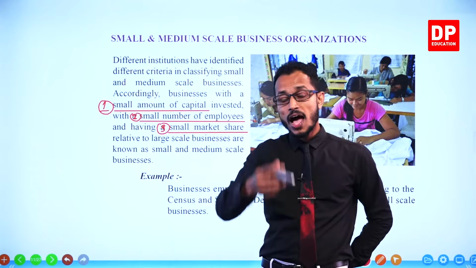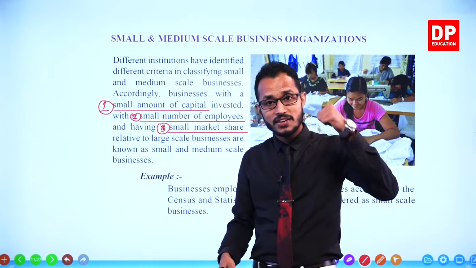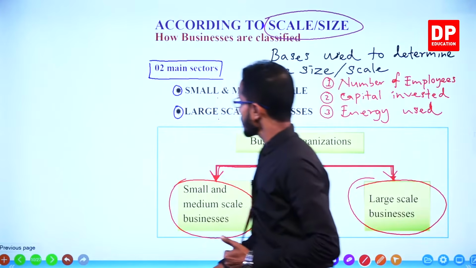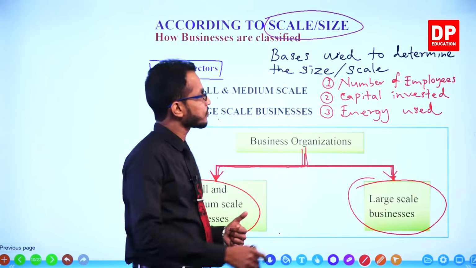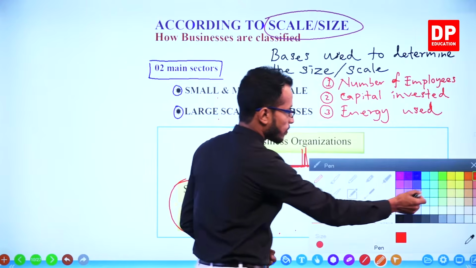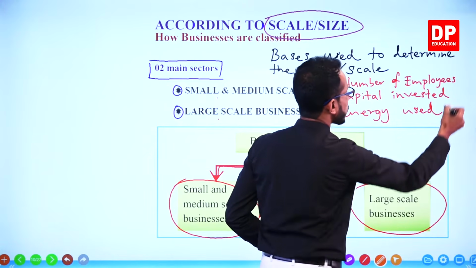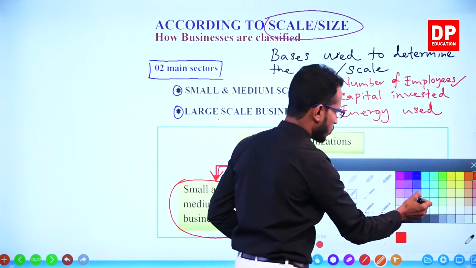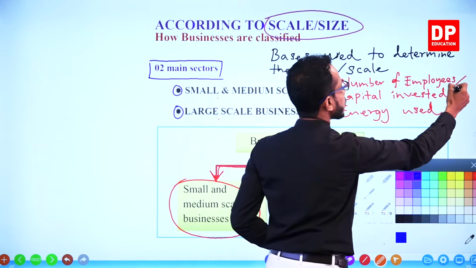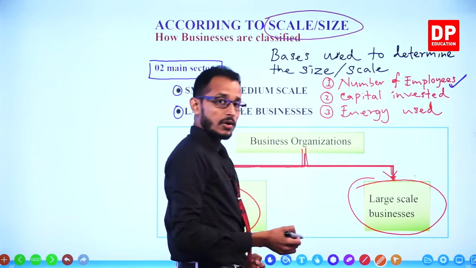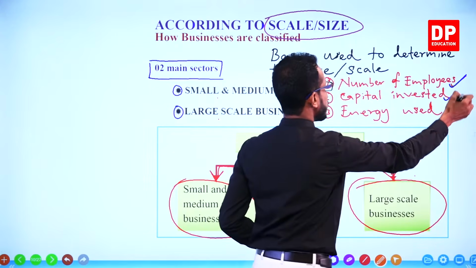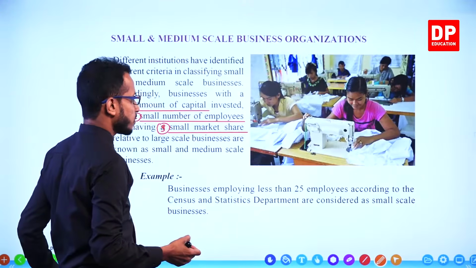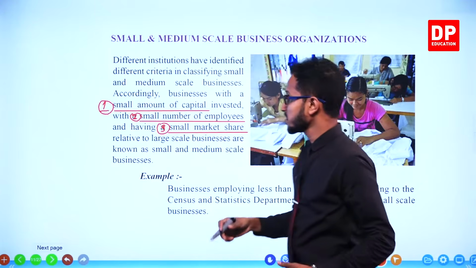Now you are saying that I didn't give you that criteria in the previous screen, right? No, I didn't. I gave you these 3. Number of employees here. Capital invested and energy used. Let's see whether energy used is given here.